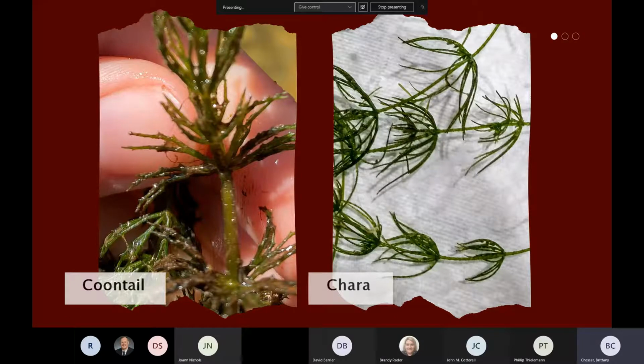And so keep that in mind. That's one way to tell them apart, especially if the seeds or the fruits aren't present. Also, sometimes not having roots isn't really a good indicator because coontail can be very loosely attached to the pond bottom, and so that might be a little difficult to tell them apart that way as well.